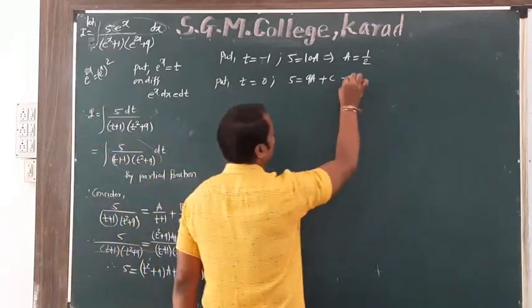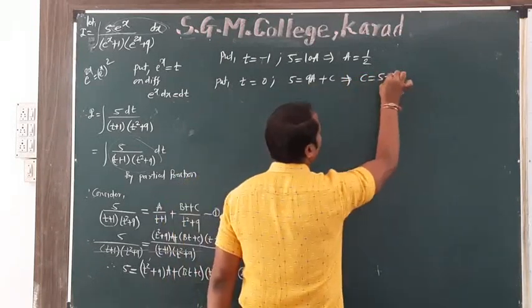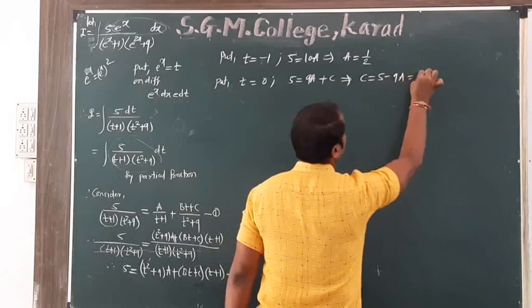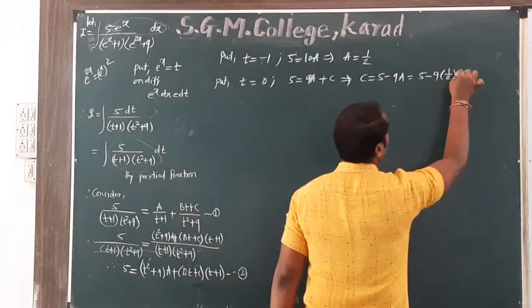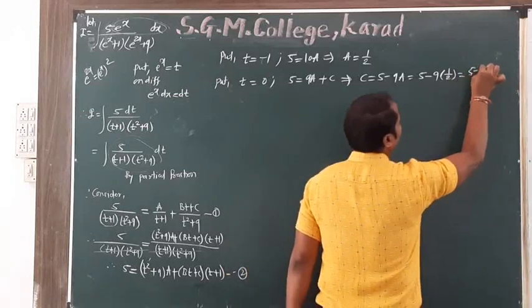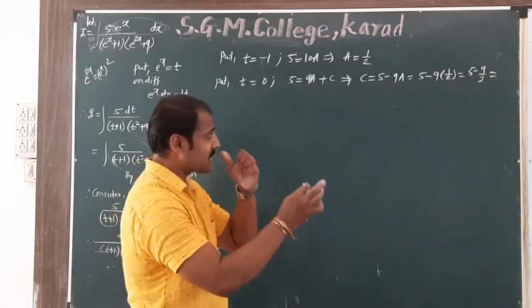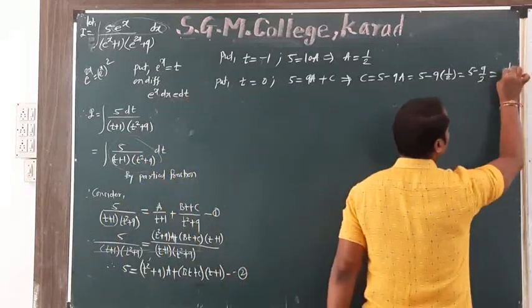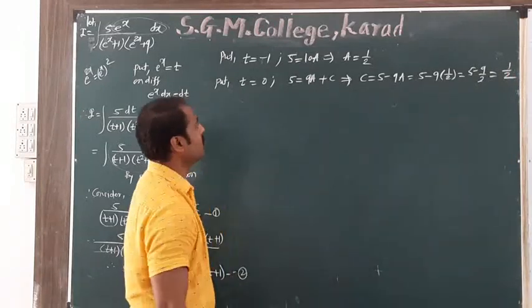From this equation, c can be written as 5 minus 9a, which is 5 minus 9 into 1 upon 2, so 5 minus 9 divided by 2, which is 10 minus 9 over 2. So c is 1 upon 2.